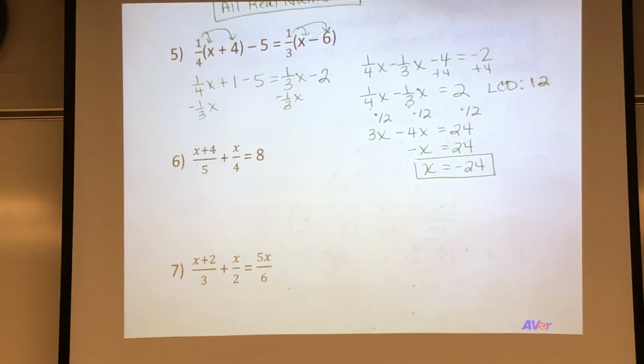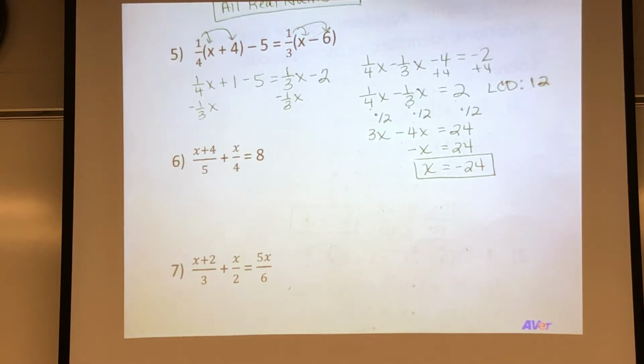All right, 2 more. Starting with number 6. Number 6 is another fraction problem. And the reason why I showed you that LCD method on number 5 is because it's really handy on problems like number 6 that are kind of beyond just typical fractions, that have variables in them as well.